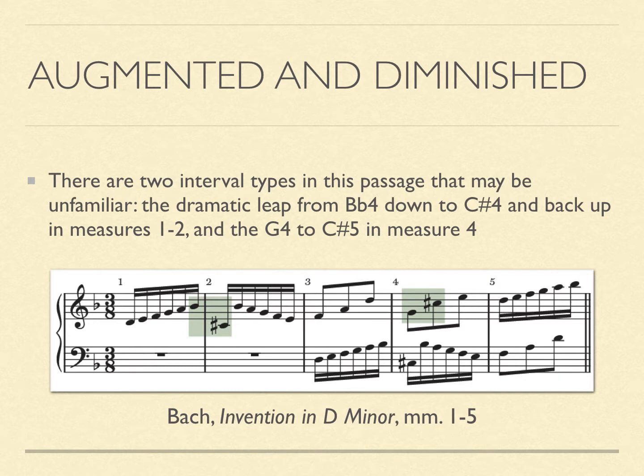And then we have another kind of weird one from G4 up to C sharp 5 in the 4th measure. So those are intervals that, based on what our current vocabulary is, we can't really make sense of. So let's just listen to it. It's going to go by really quickly because it's a fast piece, but we'll see what they sound like.